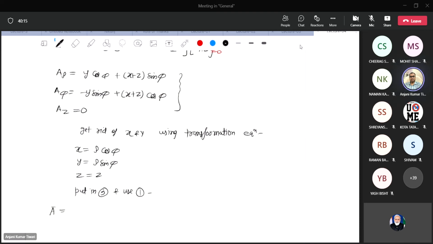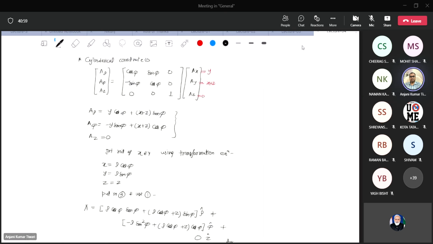So vector A, let me just write the final answer: (rho cos phi sin phi plus rho cos phi plus z sin phi) unit vector in the rho direction, plus (minus rho sin square phi plus rho cos phi plus z cos phi) in the phi cap direction, plus 0 in the z cap direction. Okay, so this is the answer.